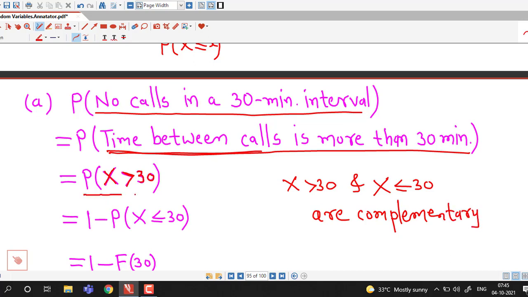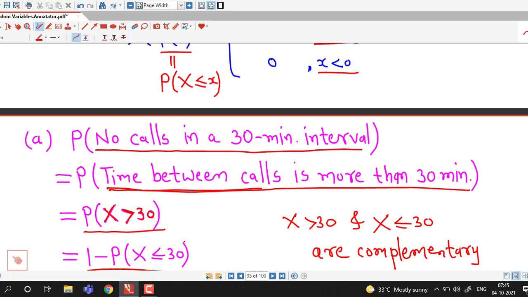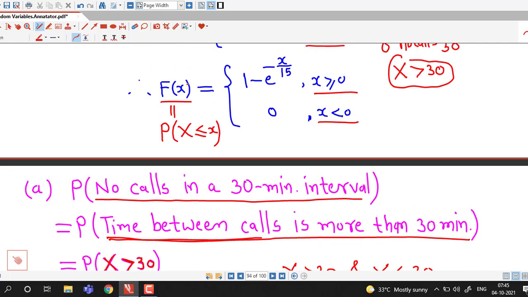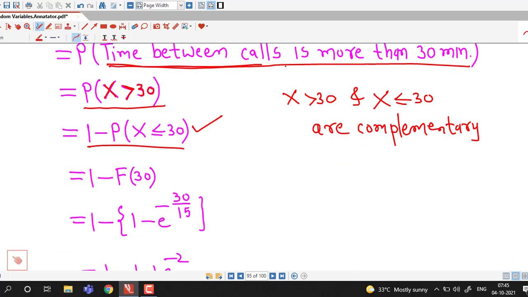So the probability of this event equals 1 minus the probability of this event, and the probability that capital X is less than or equal to 30 is nothing but the value of this CDF at x equal to 30. So this is equal to 1 minus the value of the CDF at 30.